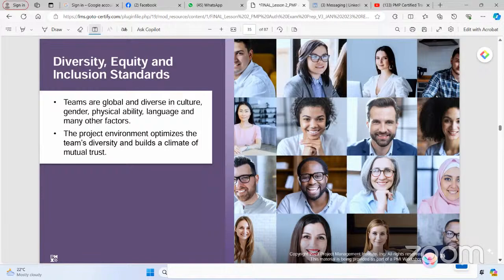So depending on the kind of team that we have, and also because these are the directions nowadays, we must have diversity in our team, and it goes beyond male and female gender.